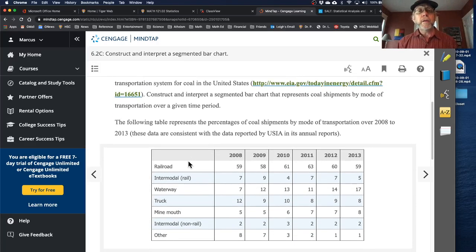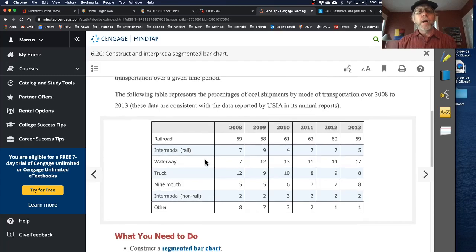And then we're given data of the percentage of coal that's transported by railroad, intermodal rail, waterway, truck, and so on in various years. And so in 2008, 59% was transmitted by railroad, 7% was intermodal, 7% was waterway, and so on.